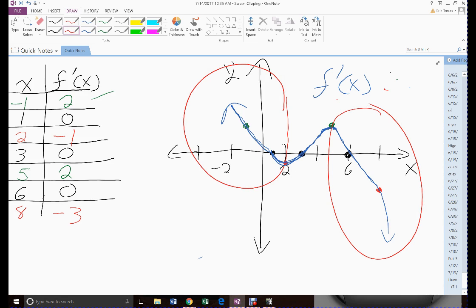And about, again, these are estimates, around 5 to +infinity, it's going down. It's going up, I will circle in green, in the middle. From about x equals 2 to about x equals 5. Hopefully this makes sense and gives you a little insight on how to create a derivative from a graph.